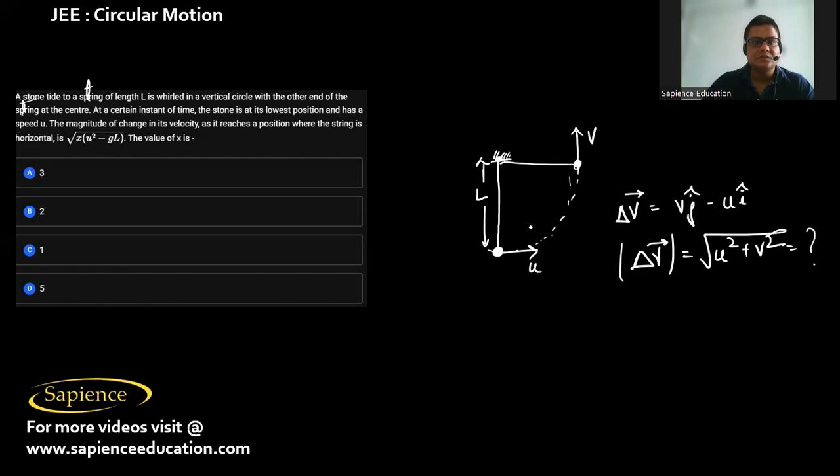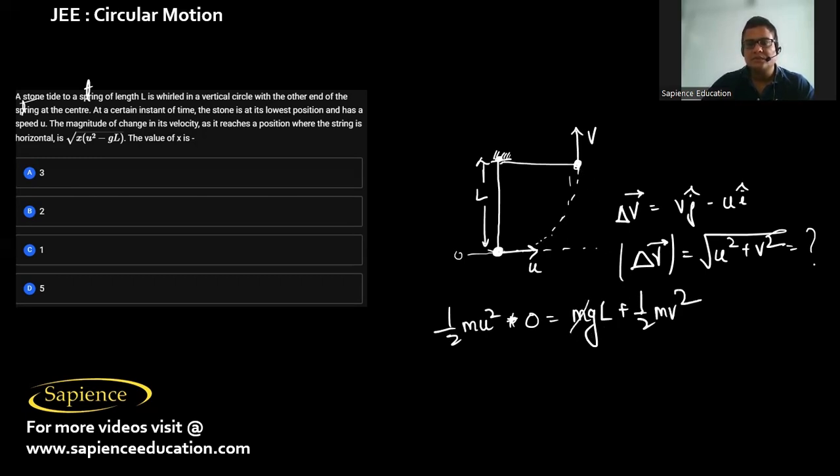So now we can use the conservation of energy. Here the kinetic energy is half m u square plus potential energy is, let's say, 0, and that will be equal to, here the potential energy is mgl plus half m v square is the kinetic energy at this point.